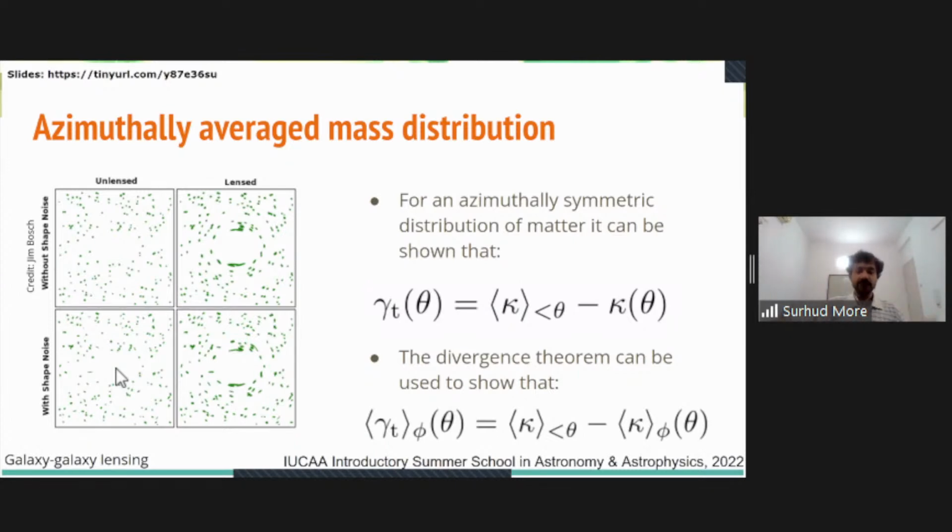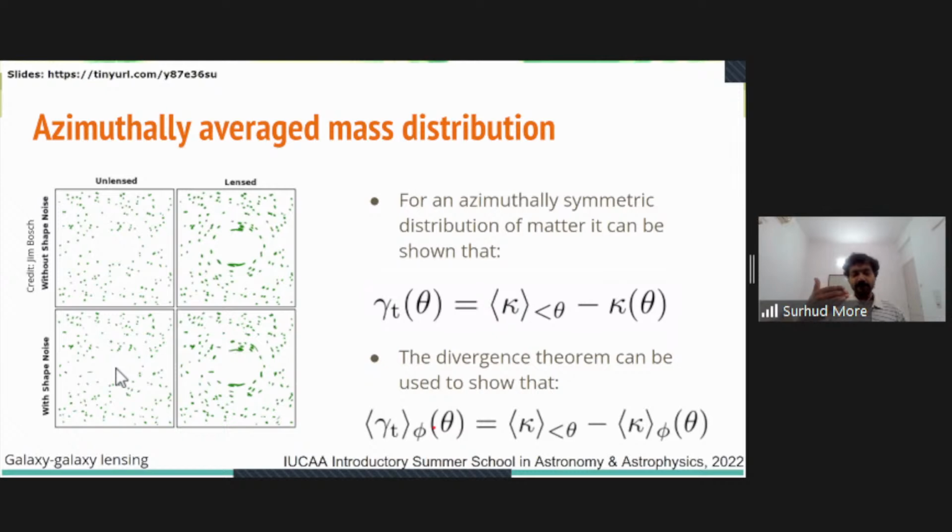It allows you to compute and to show that the average tangential shear when averaged along the circles is related to the average surface density within that circle minus the average surface density at that location. Whether it's an azimuthally symmetric distribution or not, still this kind of theorem holds. Okay?